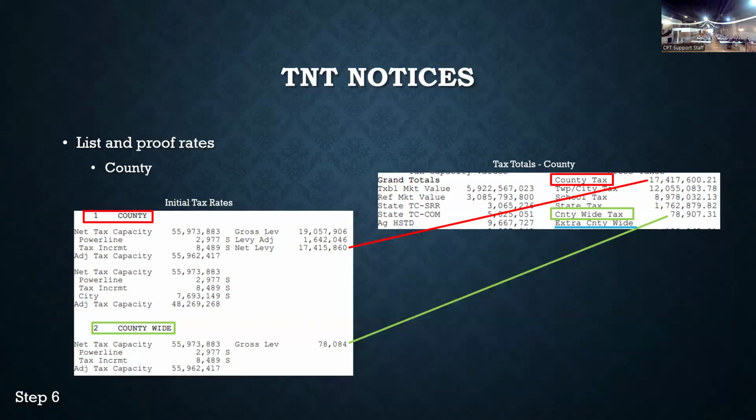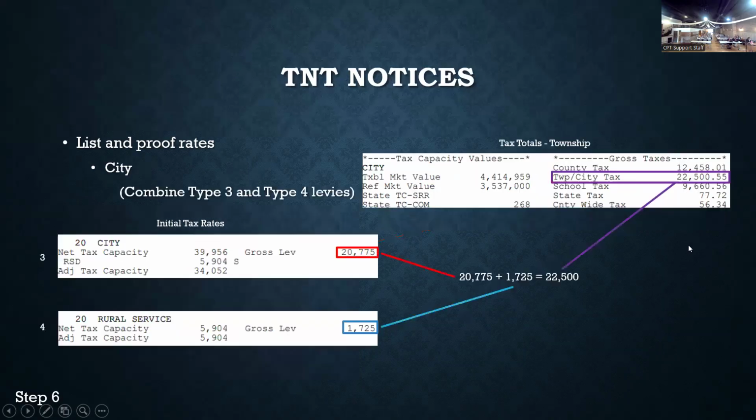So if you're looking at my initial tax rates, your county net levy should prove to your county totals, county tax. Your county-wide gross levy should prove to your county-wide tax. When we're looking at cities, you want to do a township listing, so that you're seeing by township.